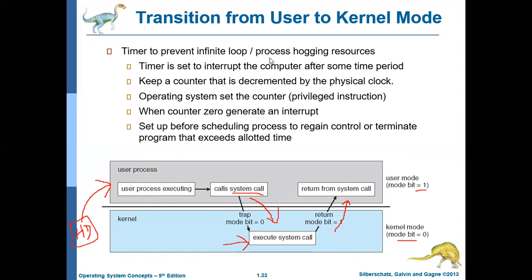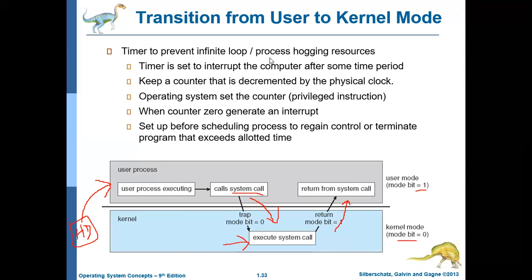Whenever a user wants to perform a high privileged task, he will call the appropriate system call and the control will be given to the operating system. So the mode will be changed from user mode to kernel mode. Now the kernel will execute that particular system call and again give the control back to user mode.